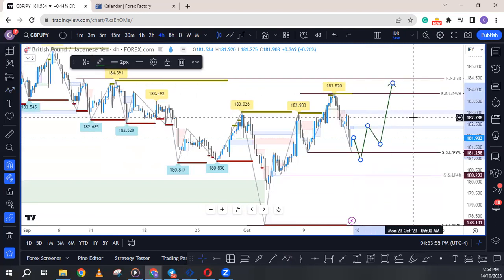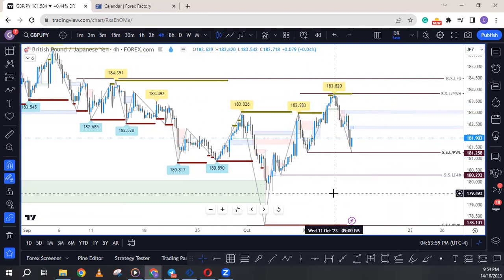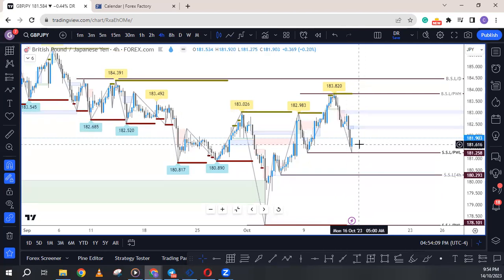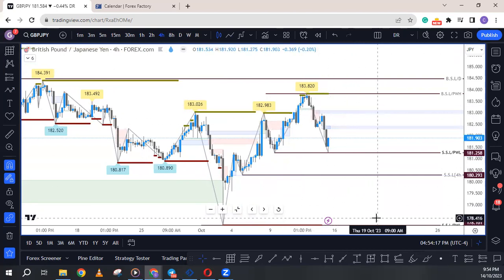But given the global turmoil, if you notice, there's a bearish order block here. If this rallies into this point and gets rejected, there's a fair value gap here with a swing high. So it might really rally into there.